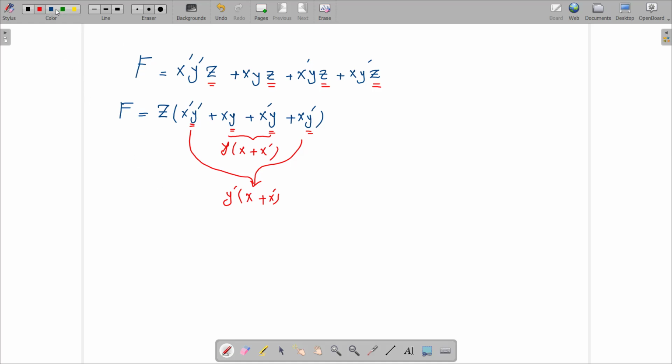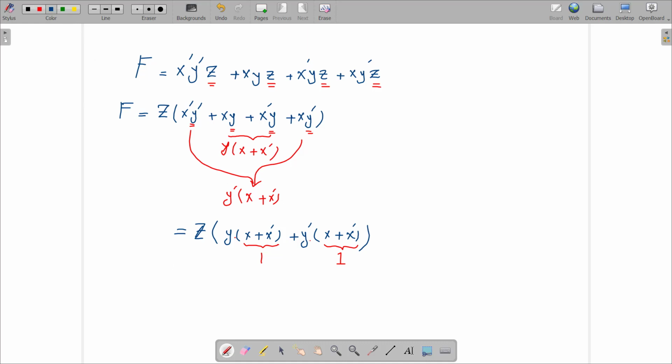So if I rewrite this, I will have something like that: z times (y (x or x prime) or y prime (x or x prime)). On the other hand, I know that x or x prime is 1, and y dot 1 is y, y prime dot 1 is y prime.